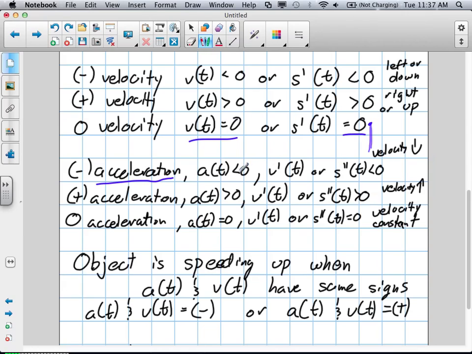Acceleration. Now we know acceleration is the derivative of velocity, or the second derivative of our original function. When acceleration is negative, our velocity is decreasing. Okay? Think of it like our speed or magnitude is decreasing at this time. If acceleration is positive, obviously that's when a of t is greater than 0, or velocity prime, s double prime, is greater than 0.